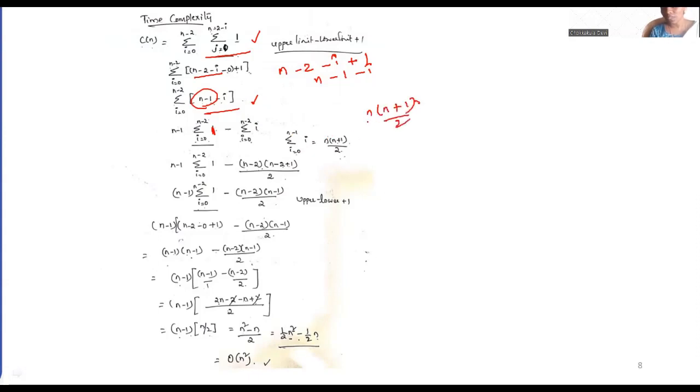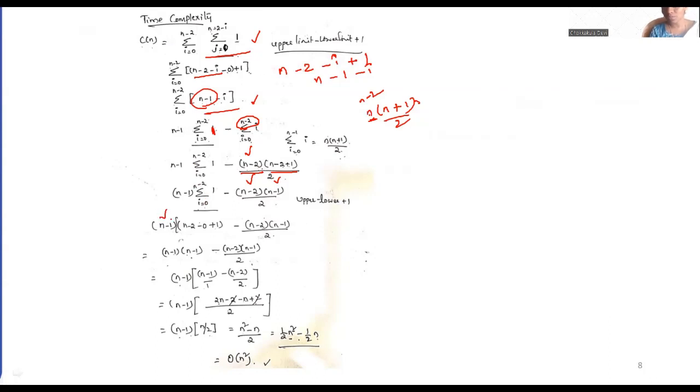Since n minus 2 is the upper bound here, in place of n we substitute n minus 2. You get n minus 2 times n minus 2 plus 1, by 2. After simplification, this is n minus 2 into n minus 1 by 2.